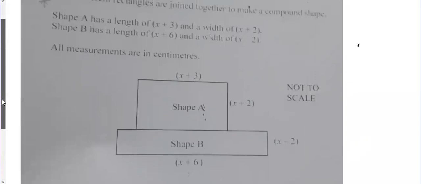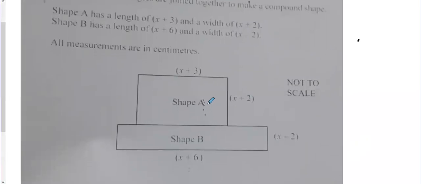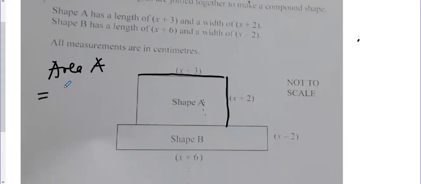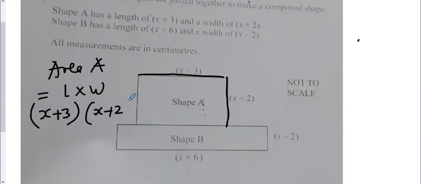Okay, so first I have to find the area of shape A. So I write here area A equals length times width, because this is clearly a rectangle. The length is x plus 3 in the brackets, and the width is x plus 2.